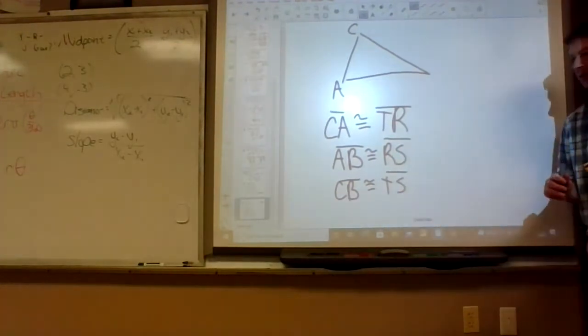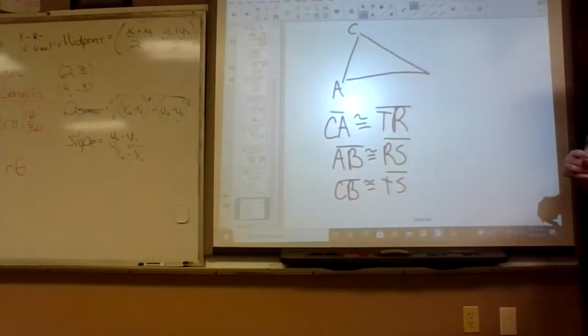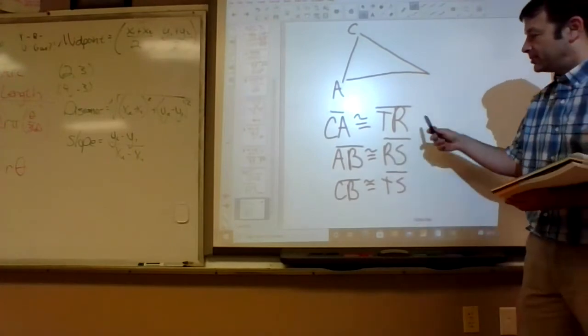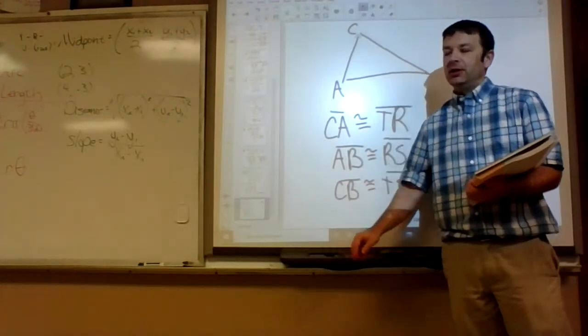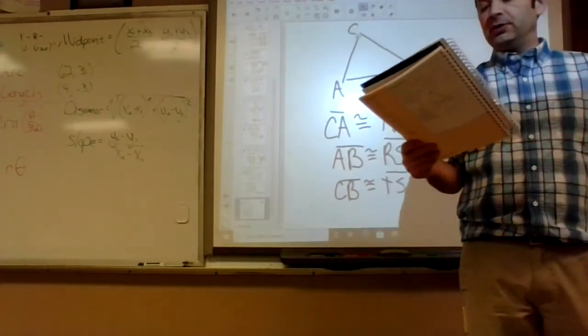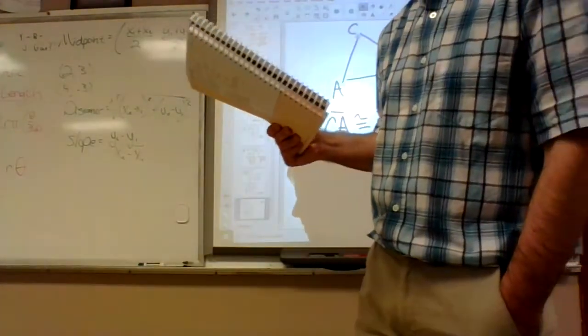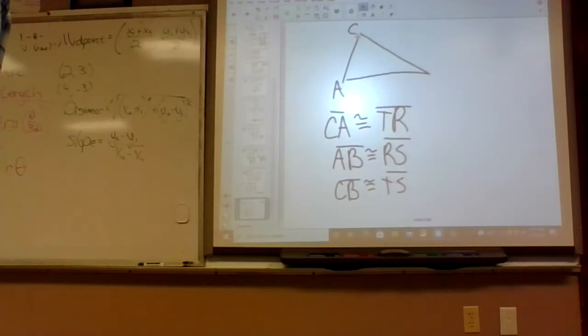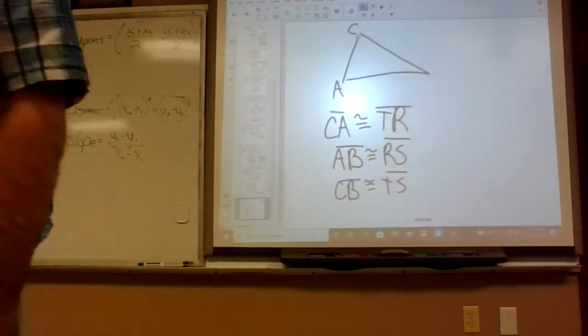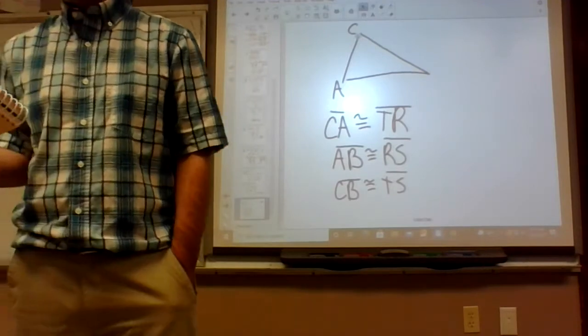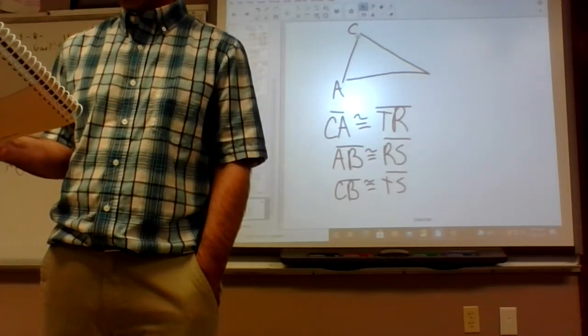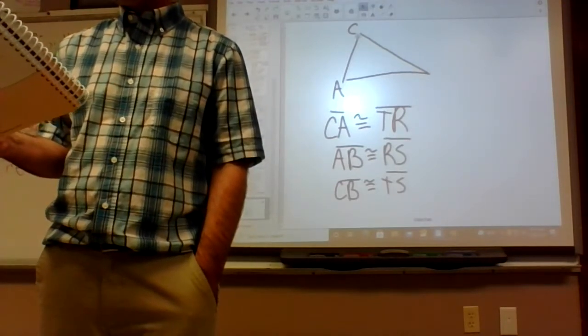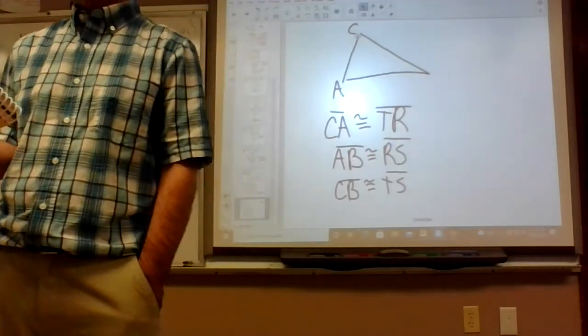We know that without looking at a picture, just by looking at the congruent statement. Those segments would have to be congruent, and all the corresponding angles are congruent, making 6 pairs of congruent things. You shouldn't have to look at the board for this one. You should just be able to look at number 7 and tell. You should have 6 pairs of congruent things.